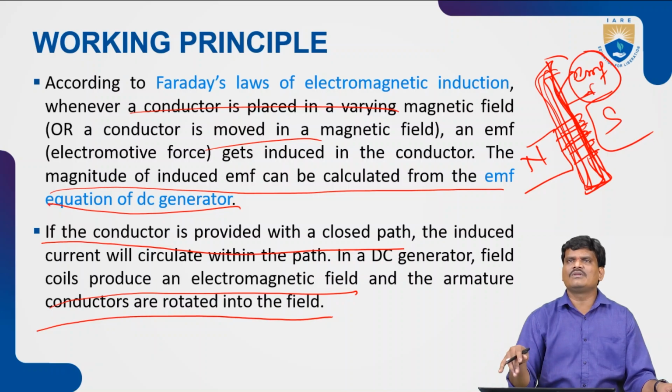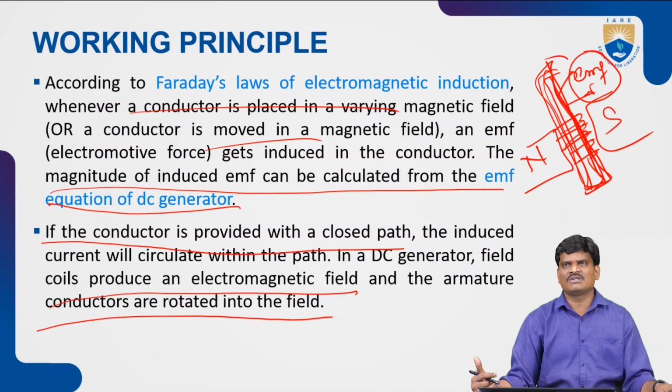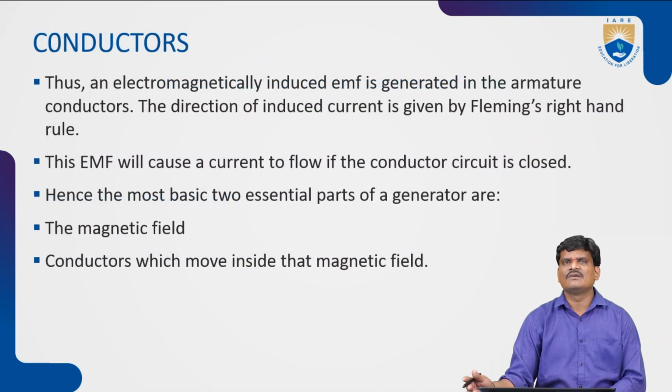And in order to know the direction of induced EMF, we need to use Fleming's right hand rule, where the thumb indicates the motion of a conductor, the index finger indicates the direction of magnetic field, and the middle finger indicates the direction of induced EMF. The conductors here carry the electromagnetically induced EMF in the armature conductor.